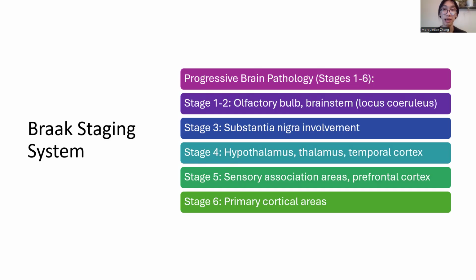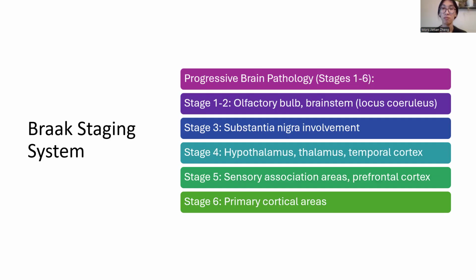In stages 1 and 2, the pathology begins in the olfactory bulb, which explains why loss of smell is often an early symptom, and in brainstem areas like the locus coeruleus. Stage 3 is when the substantia nigra becomes involved, which correlates with when motor symptoms typically become apparent.